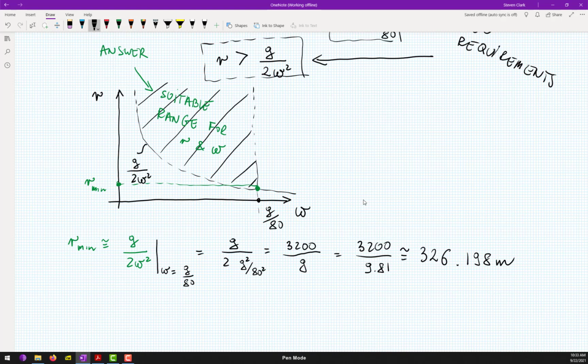And omega max in that case will be 9.81 divided by 80, which is 0.1226 radians per second. Or if you prefer RPMs, this will be approximately 1.171 RPMs. Questions?